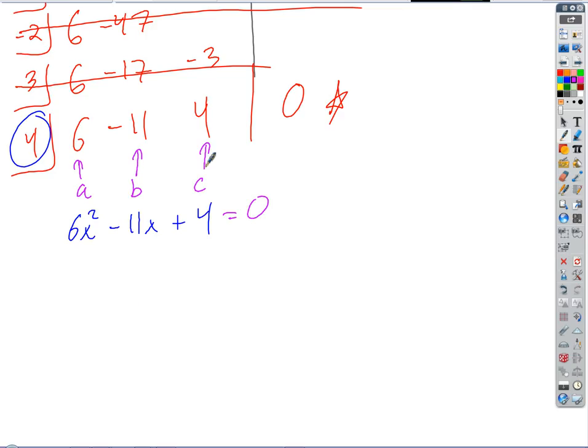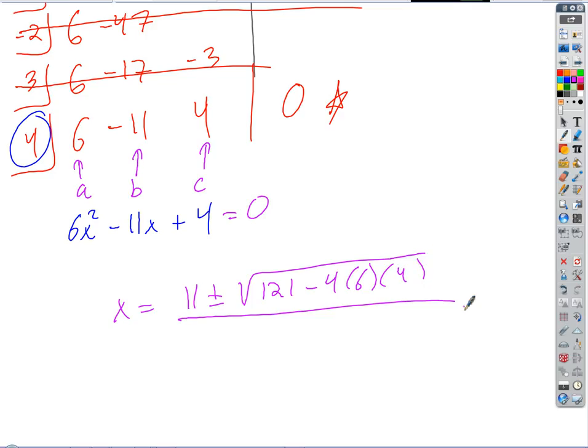So if we just solve using the quadratic formula, then x is negative b. So what's negative b if b is negative 11? 11 plus or minus the square root of, what's 11 squared? 121. Minus 4 times a times c, all divided by 2 times a.